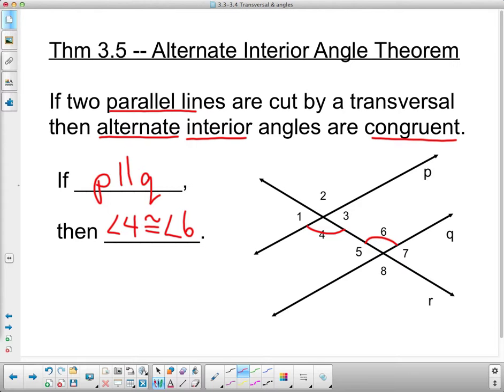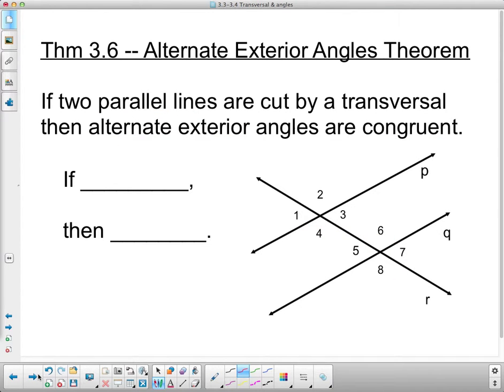The next one is alternate exterior angles. So again, parallel lines cut by a transversal, alternate exterior angles are congruent. Seems to be a pattern here, right? A lot of things are congruent.